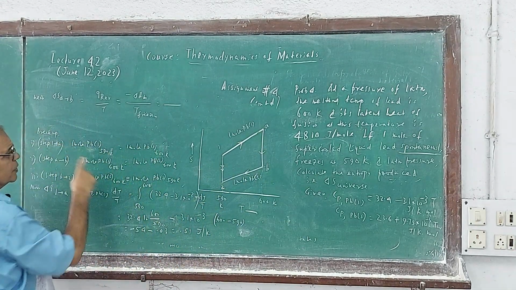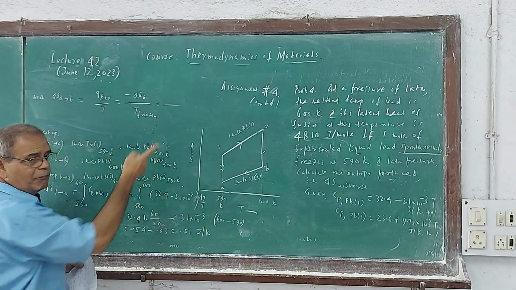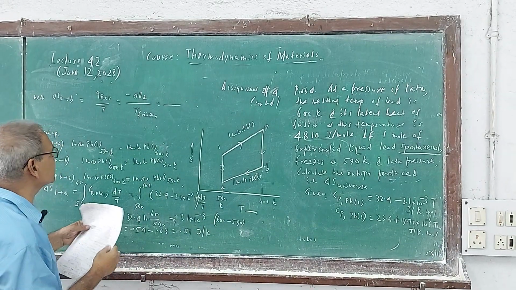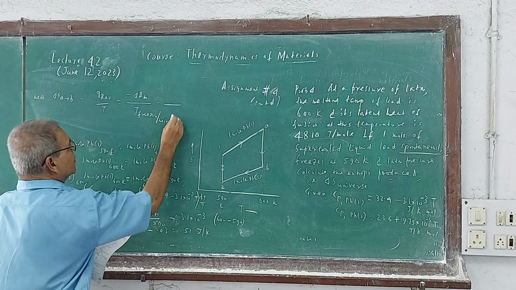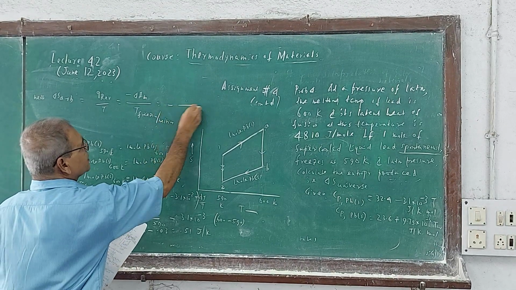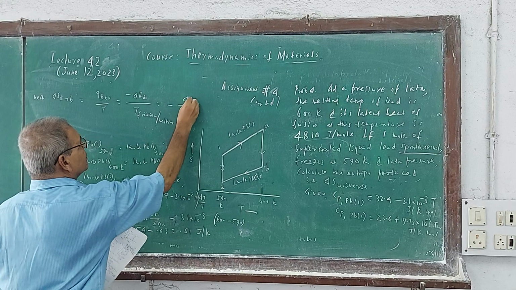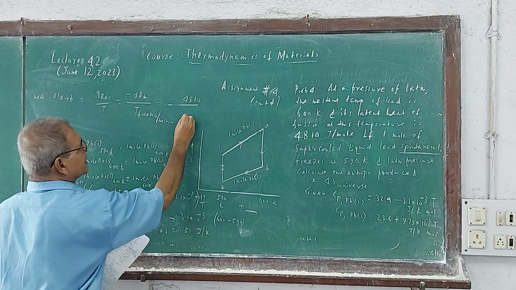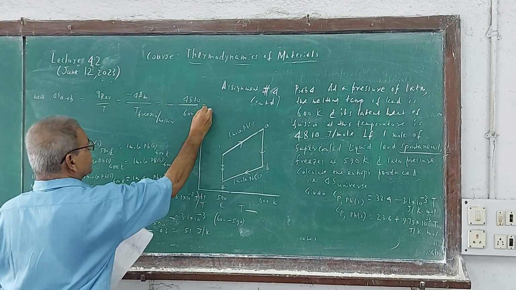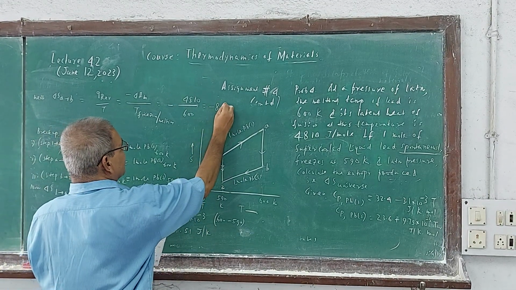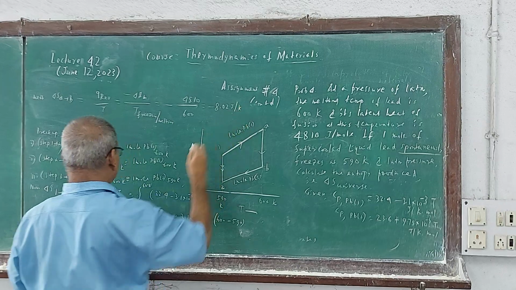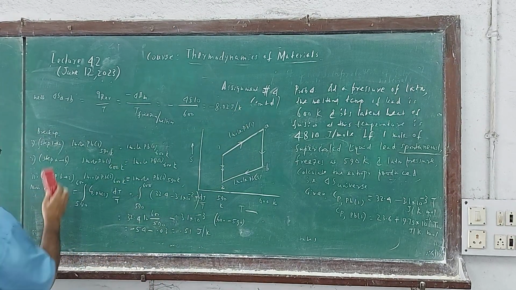Liquid to solid is minus delta Hm. So this is T freezing or melting, whichever you use. The value is minus 4810, and the temperature is 600. How much is it coming to? Minus 8.02. Write that nicely. Second is out. Third. Next.